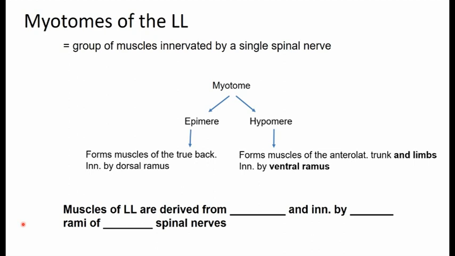So to summarise in relation to muscles of the lower limb, the muscles of the lower limb are derived from hypomere and are innervated by the ventral rami of the L2 to S2 spinal nerves, the same spinal nerves as for the dermatomes.